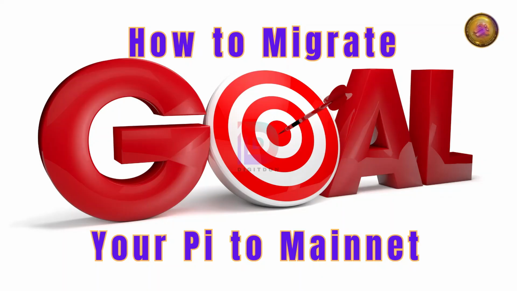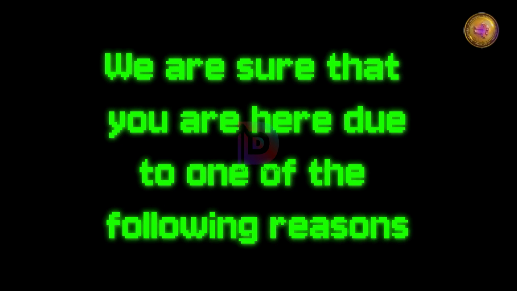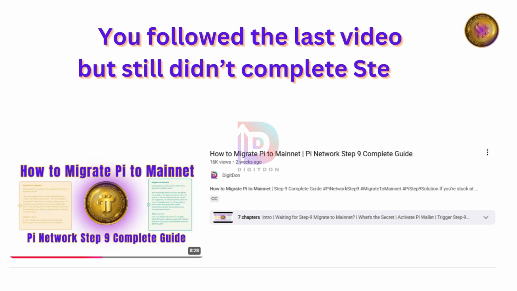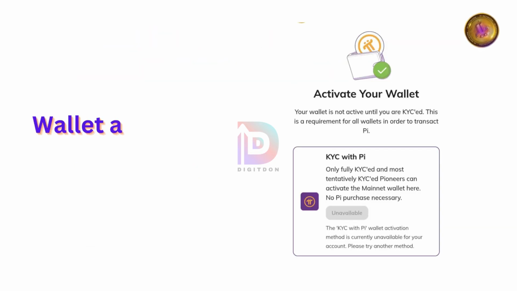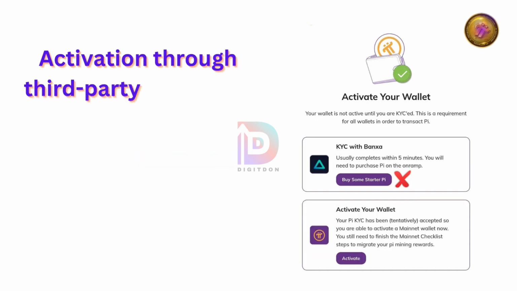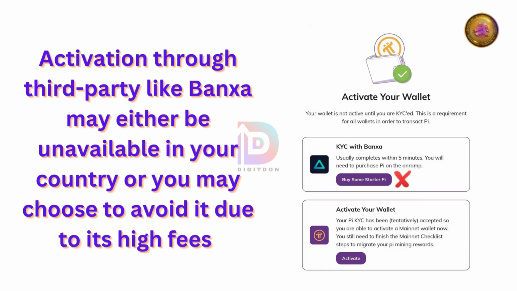Let's return to our original topic. We are sure that you are here due to one of the following reasons. You followed the last video, but still didn't complete Step 9. Wallet activation is not available for you. Activation through third-party like Banxa may either be unavailable in your country, or you may choose to avoid it due to its high fees.